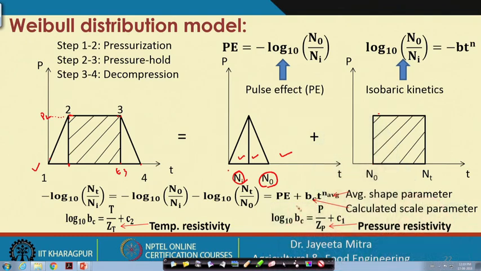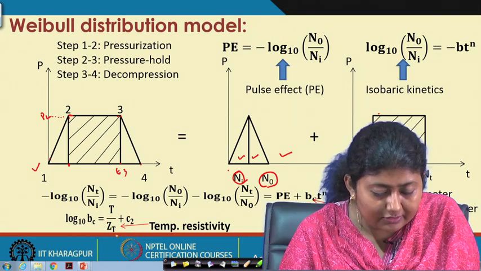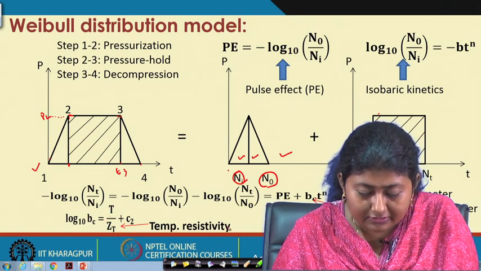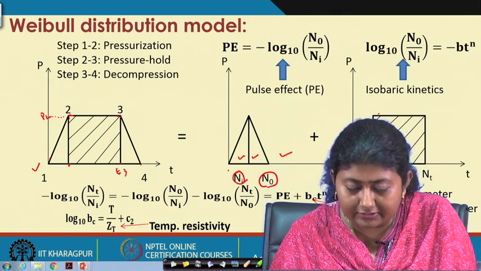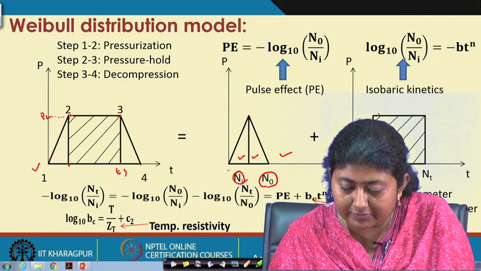That means the alpha that we have discussed there, and n average actually resembles the beta factor. We can write the calculated scale parameter Bc: log10 Bc is equal to T by Zt plus C2, where Zt shows the temperature resistivity, and log Bc to the base 10 equal to P by Zp plus C1.